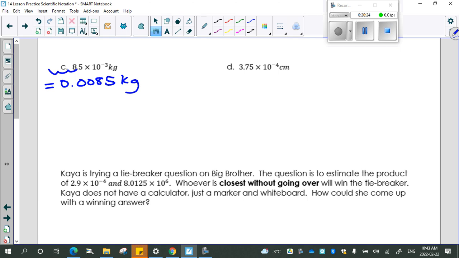Okay, 1, 2, 3, 4, so 0.000375 centimeters. Remember, the negative indicates small. If it was a positive exponent, it indicates you have a large.